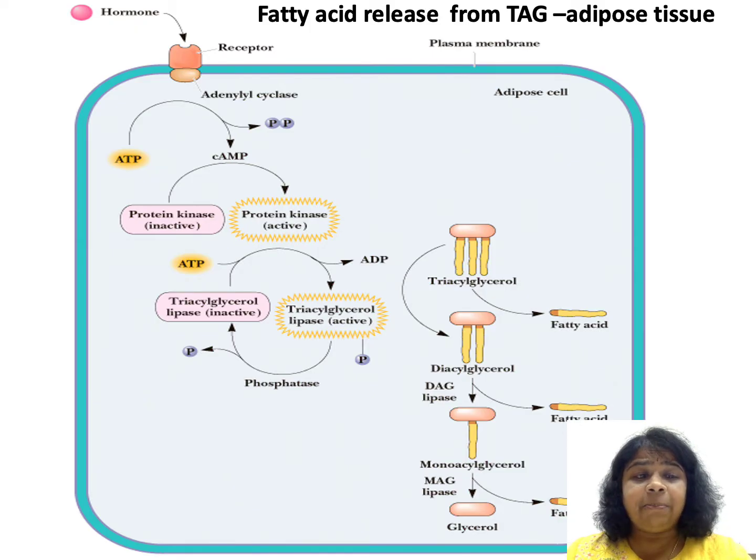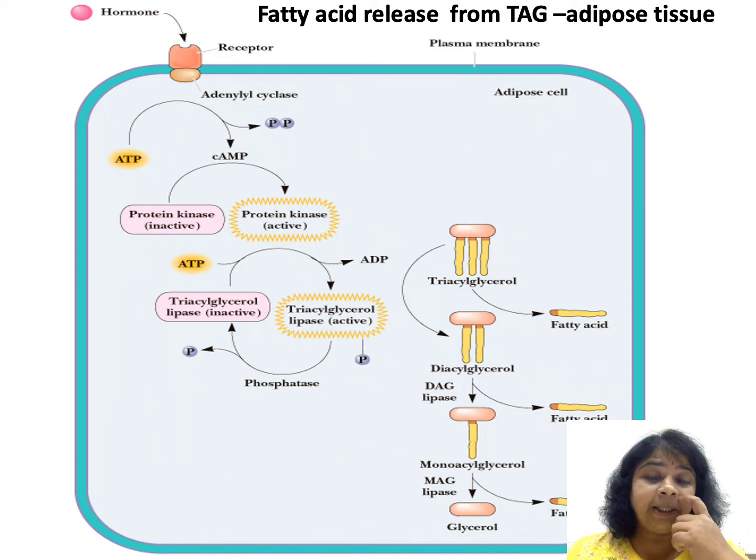This cyclic AMP favors the phosphorylation of the enzyme protein kinase to a phosphorylated form, which is the active form of protein kinase. And as the name suggests, protein kinase is going to phosphorylate other proteins.